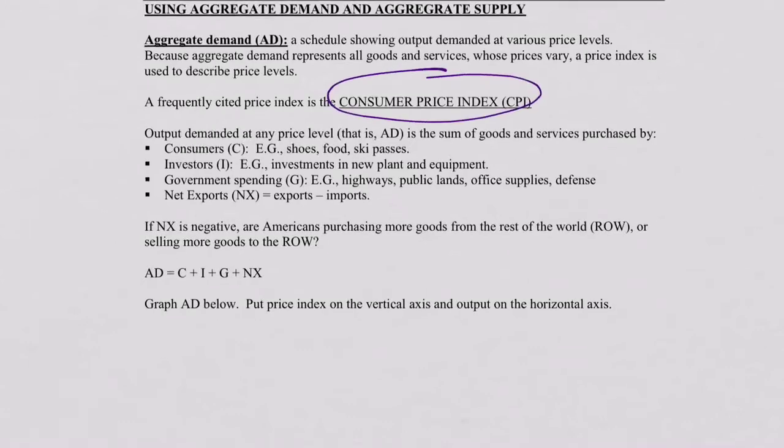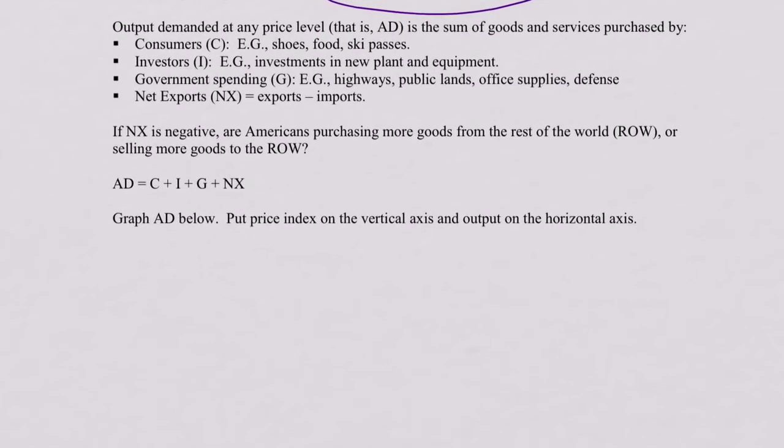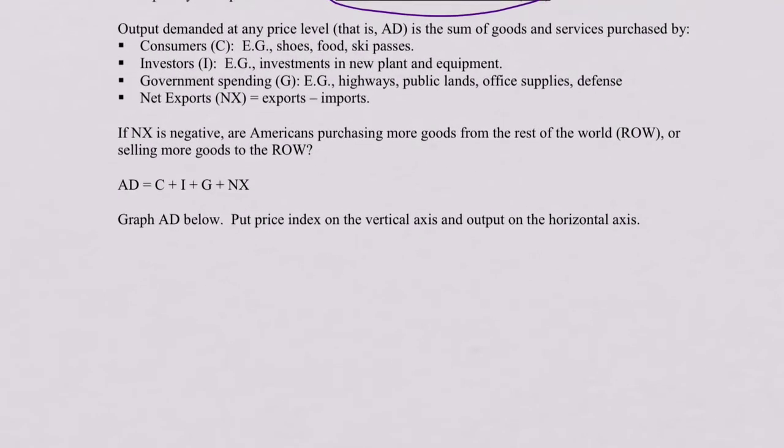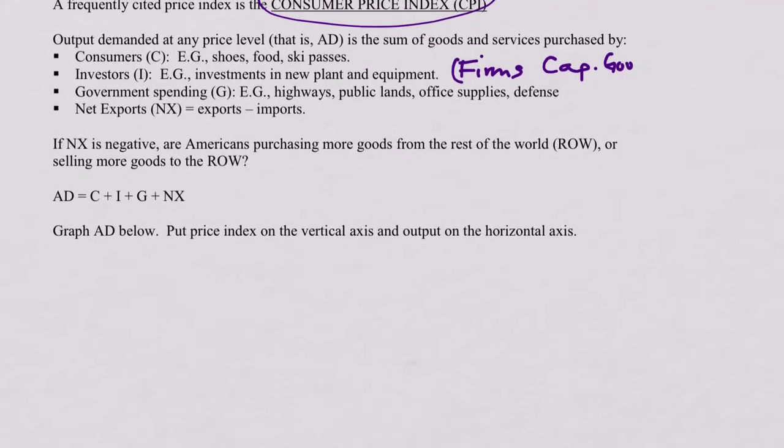We say that output demanded, or aggregate demand, at any price level is the sum of goods and services purchased by consumers. We use C: your shoes, food, ski passes. Investors, which are really firms' purchase of capital goods. So those resources, remember K for capital.